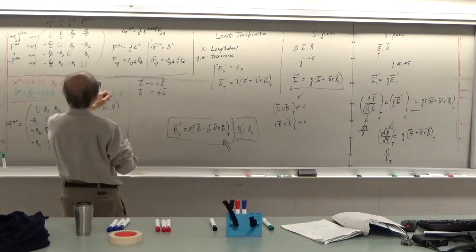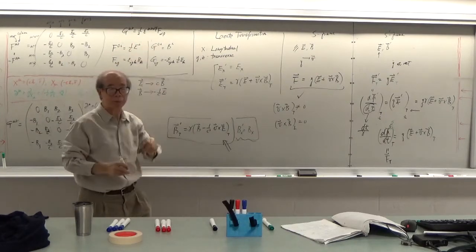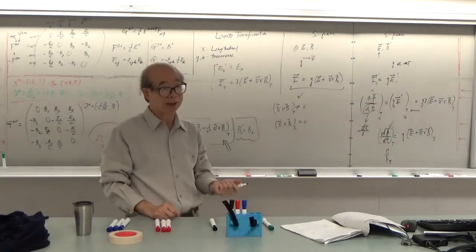And we saw that G mu nu is related to F mu nu very simply by a duality transformation.